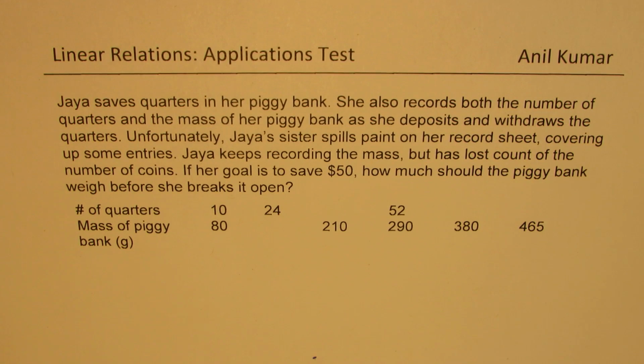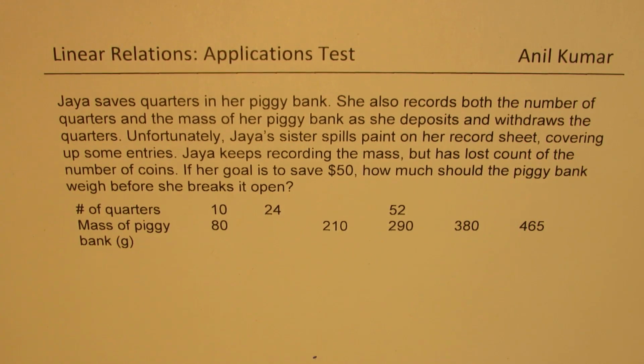We are sharing with you application test questions based on linear equations. The question here is: Jaya saves quarters in her piggy bank. She also records both the number of quarters and the mass of the piggy bank as she deposits and withdraws the quarters.